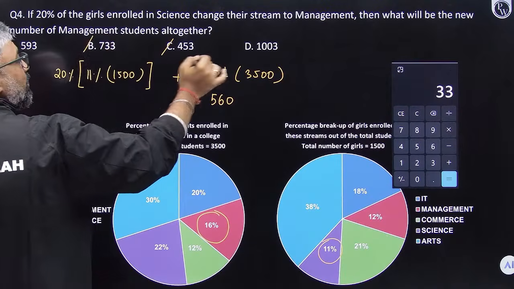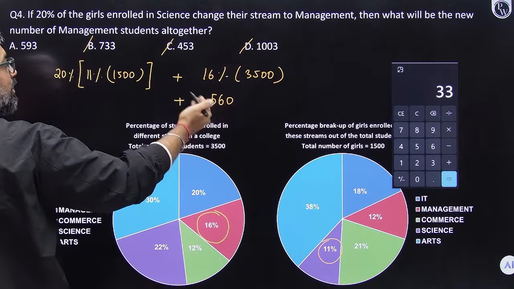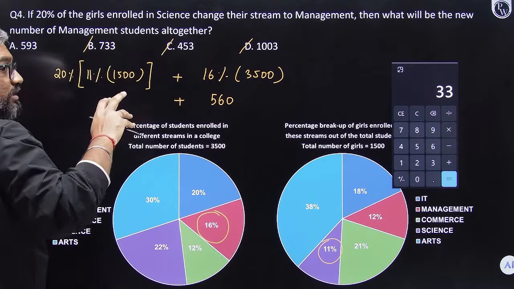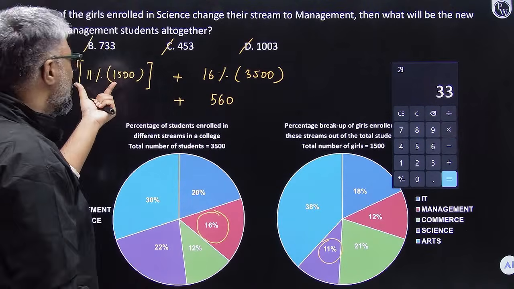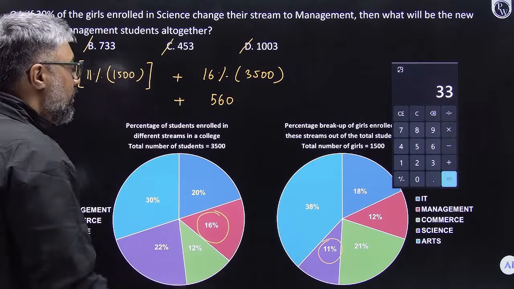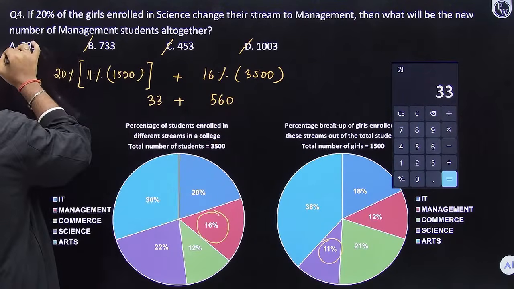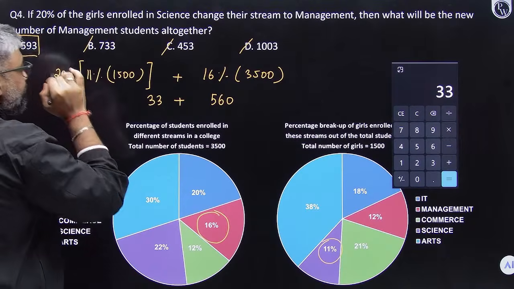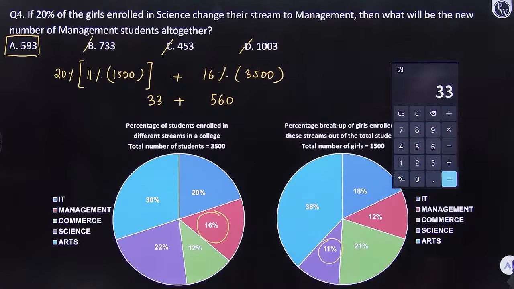It's a very small number. So just 33 increasing here gives us 593, which is option A. Simple, very direct. Clear, everybody? Understood?